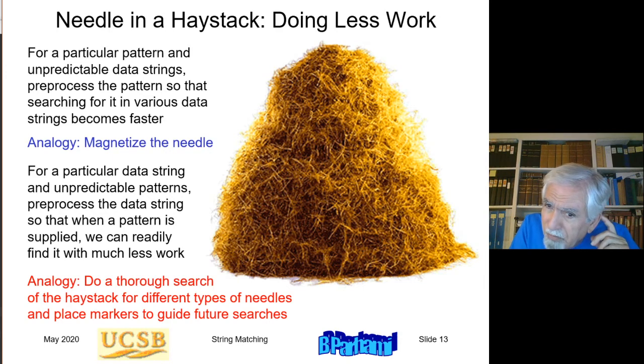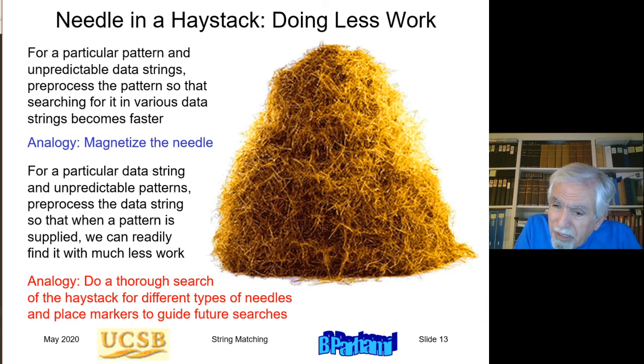The converse, if your data string is fixed, so the internet. Of course, the internet is not fixed because it's changing all the time. But at a particular instance, the data string is, then you want to search for different things in that fixed data string. One moment you want to search for UCSB, and another moment you want to search for Harvard or some other string.